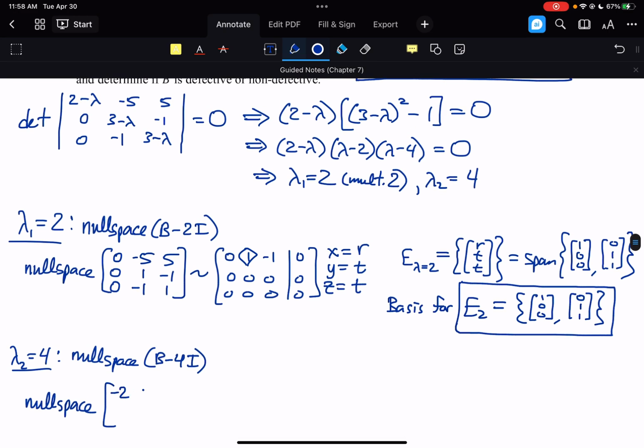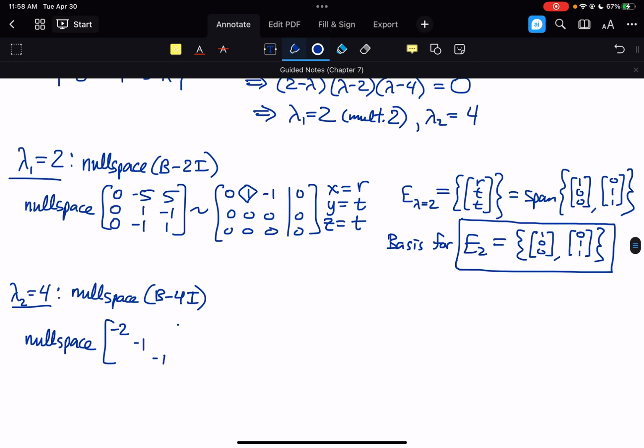That's going to be -2, -1, and -1, and everything else will stay the same. So we'll get a 2 here, a 5 and a negative 5. We'll get a 0, 1, 1 here, and then an all 0 row at the bottom.